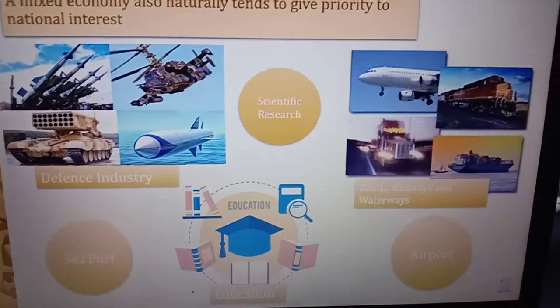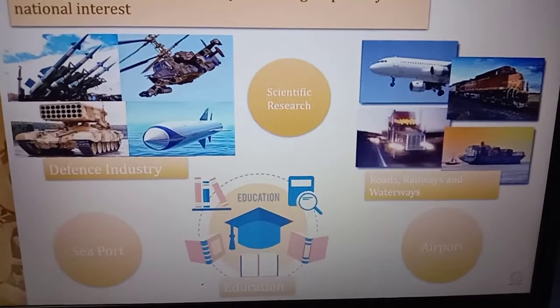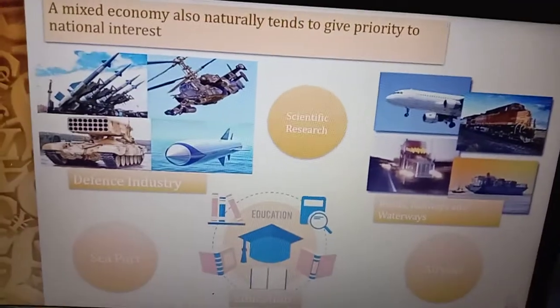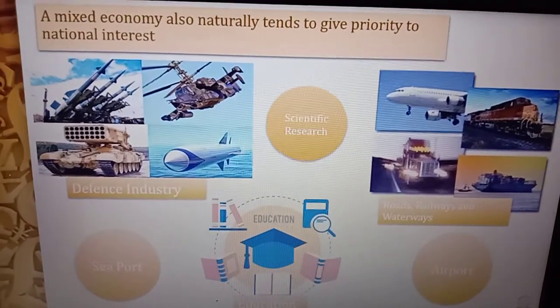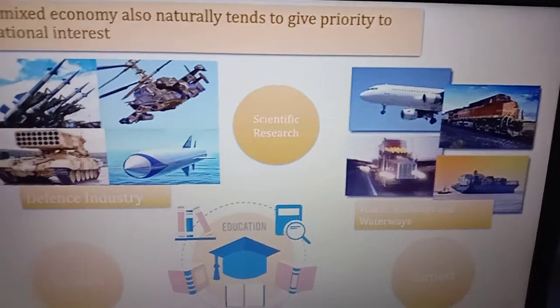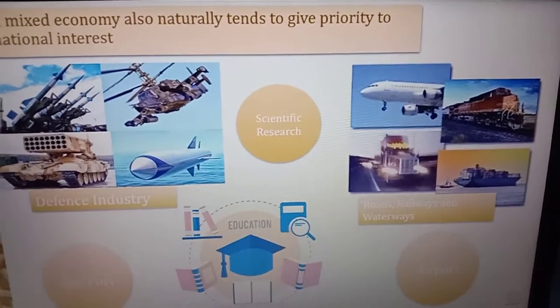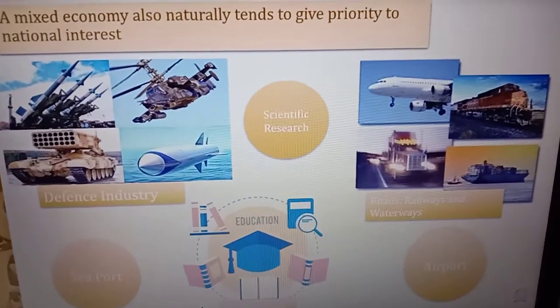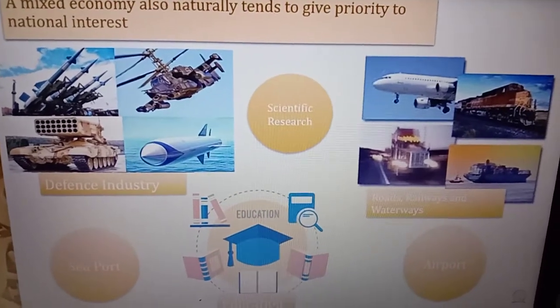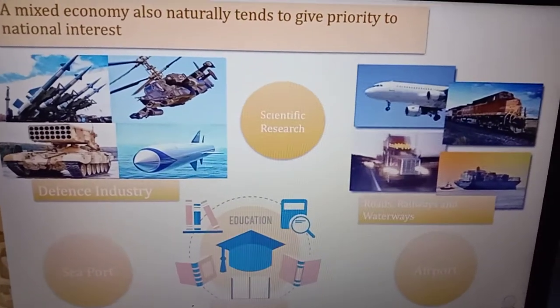So a mixed economy naturally tends to give priority to national interest. As in the examples I told you, waterways, seaports and airports, when we have more defense industries, seaports and education facilities, that will directly or indirectly develop our country.